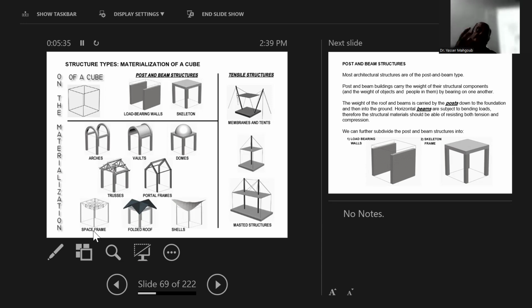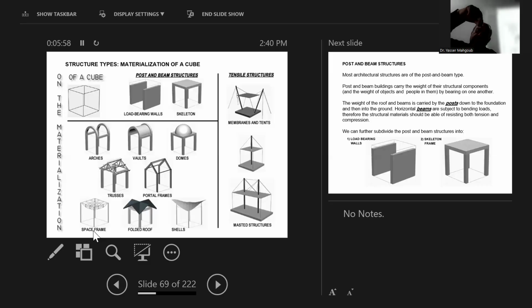We also have another type of structural system that does not take the force from up to down. No, it carries the force from top to the columns. So this is called tensile. I'm not carrying the force all the way to the ground.